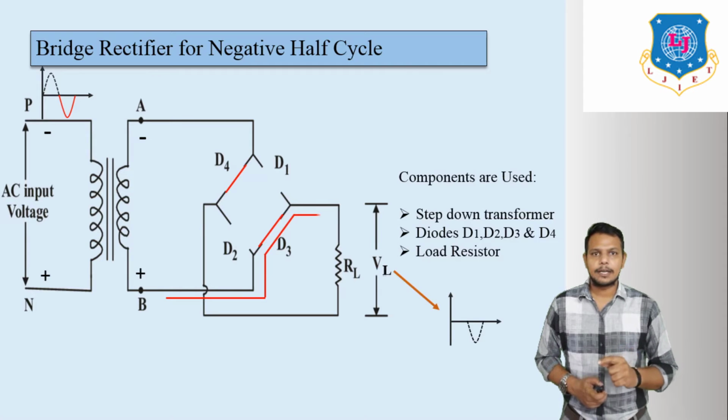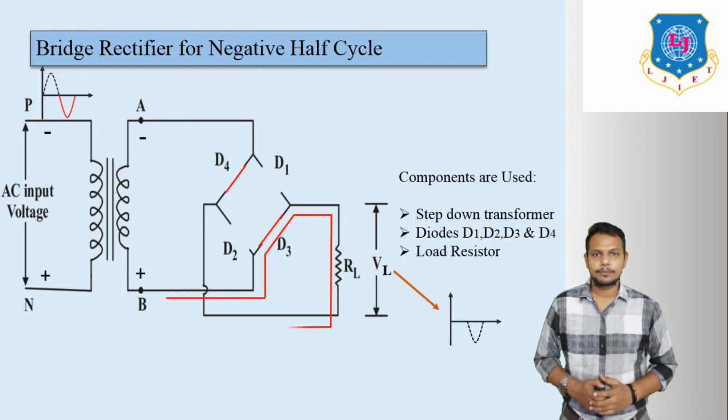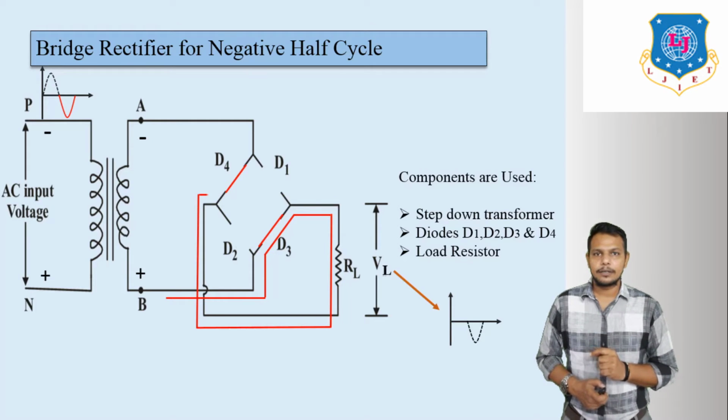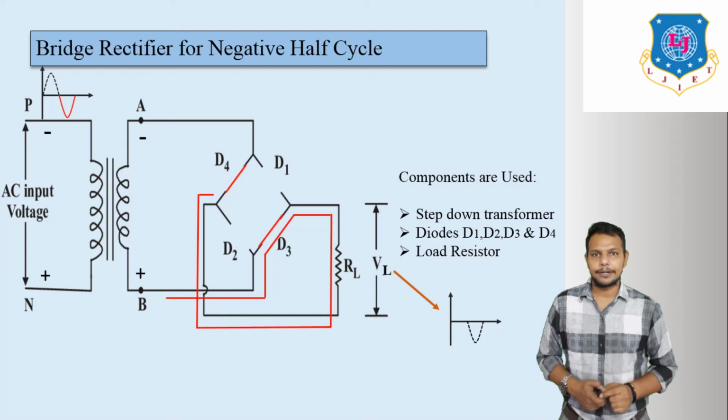Like this, it passes through the load resistance RL, and across this load resistance we will get our output. Now current is passing through this terminal, and here we can say this is the junction where current is divided.